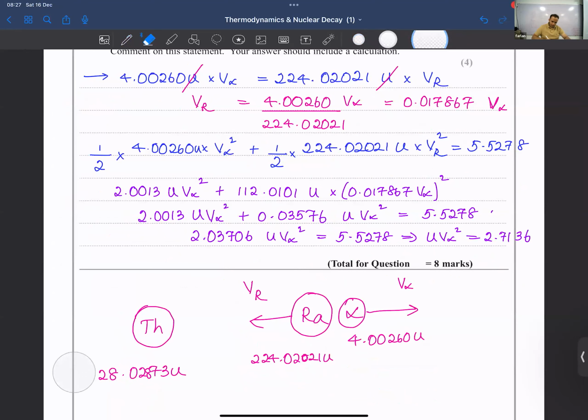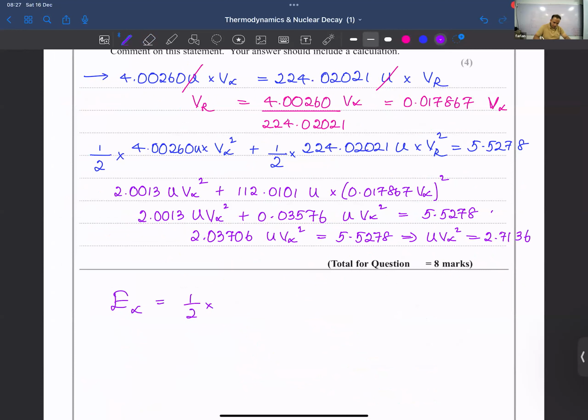Half into its mass is 4.00260 U into V alpha square, which is half into 4.00260. This U into V alpha square is what we have found, 2.7136.